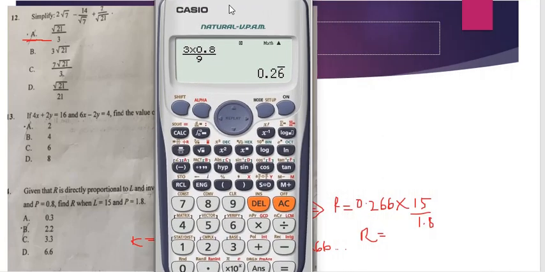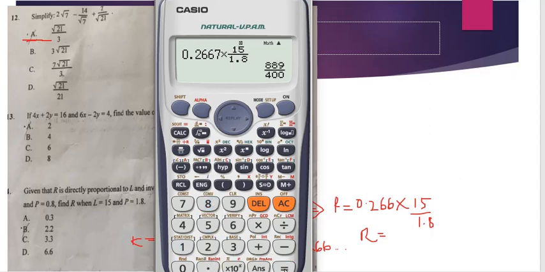Just punch this on your calculator. You have 0.266, let's say 0.267, because it's 6666, so let's say 0.2667, times 15 divided by 1.8.